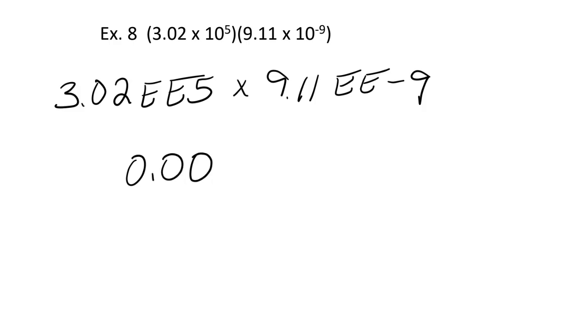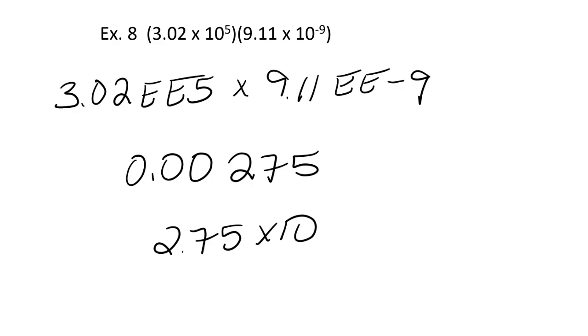Now, notice I'm writing the 0 in front because I still have to put the number in scientific notation. And guys, don't go past 3. Really, you only need to write 3 numbers down unless I tell you otherwise. So this is going to be 2.75 times 10 to the negative 3. Okay?